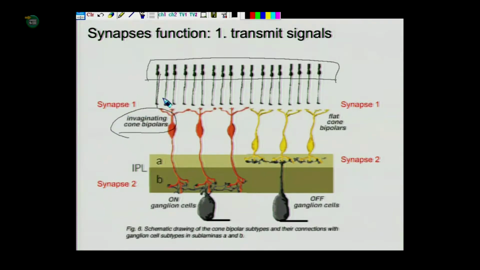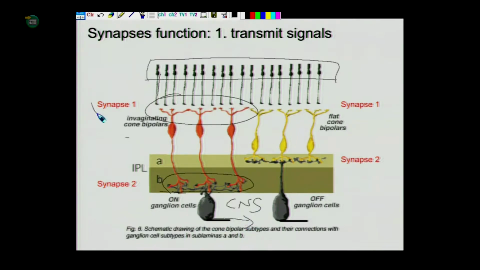So you get one set of synapses. And these cone bipolar neurons then go into the ganglion to make another set of synapses onto the ganglion cells. And then this information goes into your central nervous system.